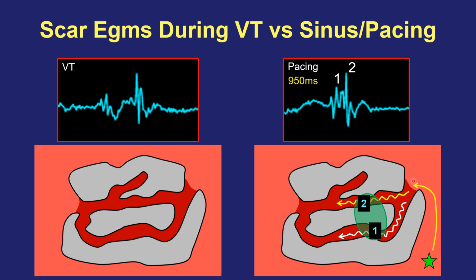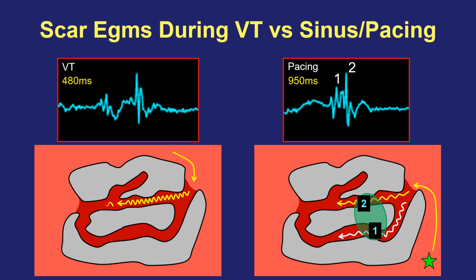Now we're going to compare entering the scar from the same side, but on two different circumstances. So here we may have a wavefront traveling through the isthmus and through this, let's say, inner loop, and let's say it gets through the inner loop a little bit faster than the isthmus, but they're going to be roughly at the same time, maybe with a very slight time delay during pacing. I chose 950 milliseconds because that happens to be the coupling interval in the previous image.